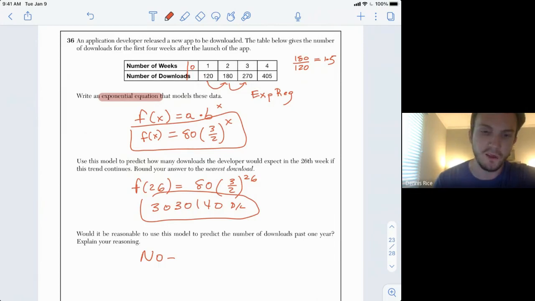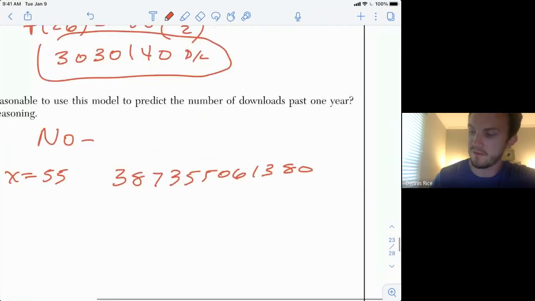Past 1 year, there's 52 weeks in a year, so let's say 55. When X is 55, Y is, let me write down the number. So after 55 weeks, a little over a year, the output is 387.3550613.